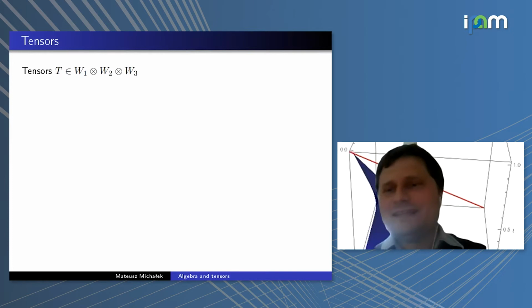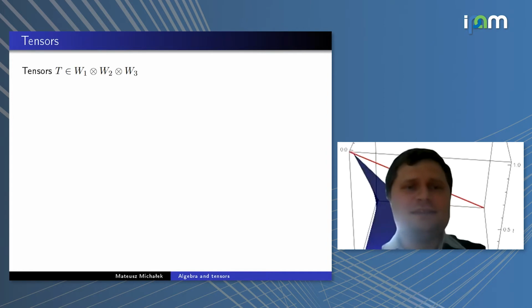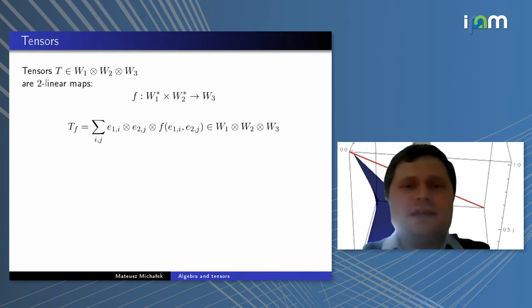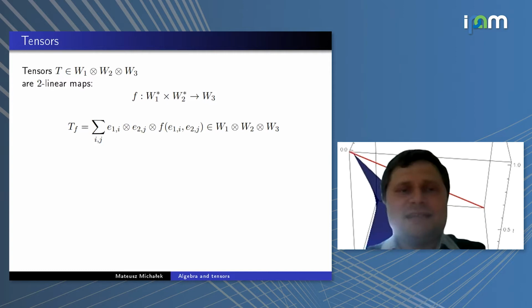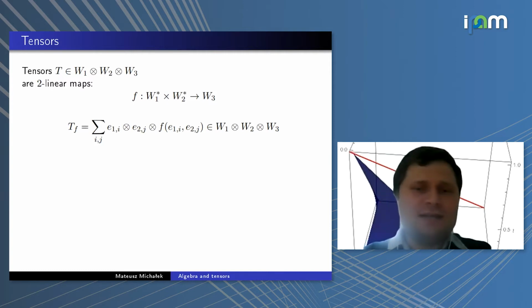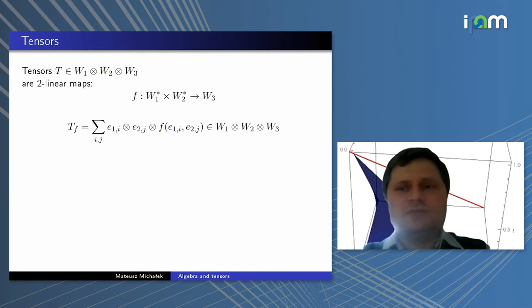And given a tensor, I would like to talk about it and present it in different ways. So one way is that I can say that a tensor is just a map from a product of two vector spaces to the third vector space.